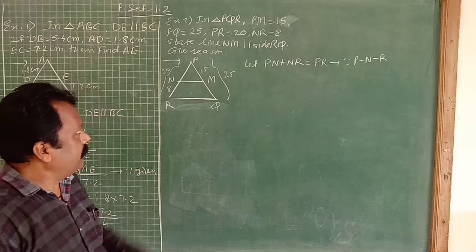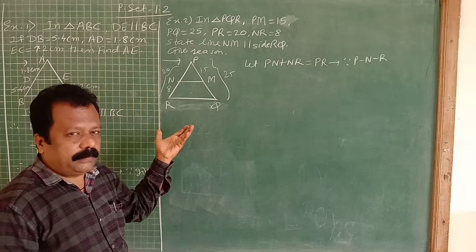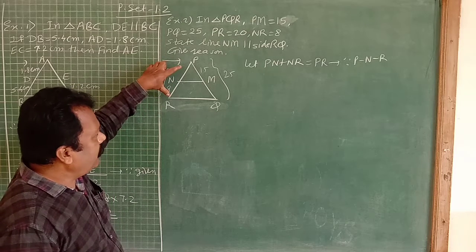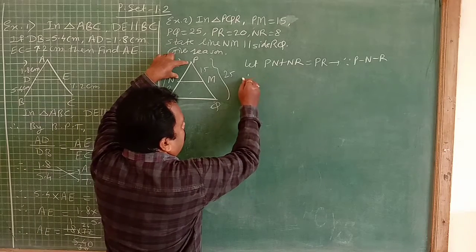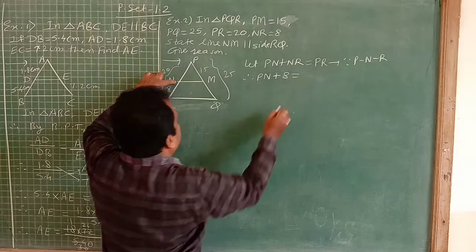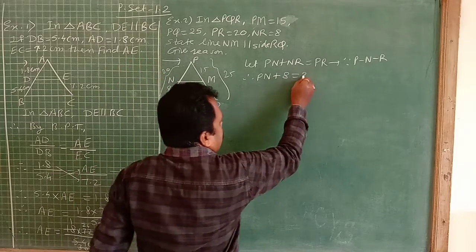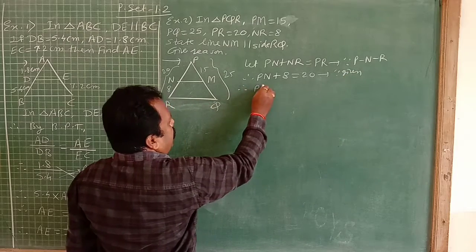The points P and R are collinear, so we can add or subtract. Means PN plus NR is equal to the whole distance PR. Now substitute the values. PN is not given, NR is given, PR is 20.